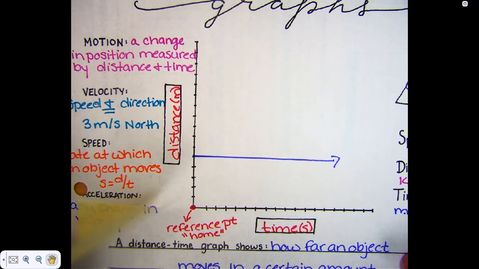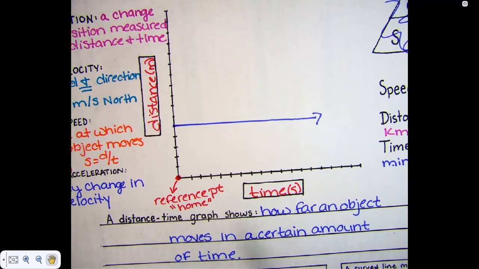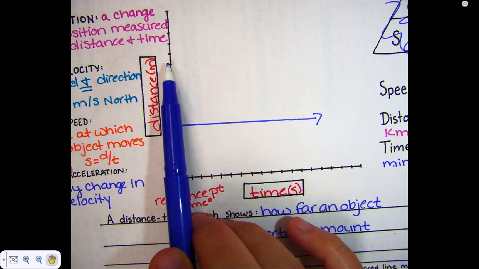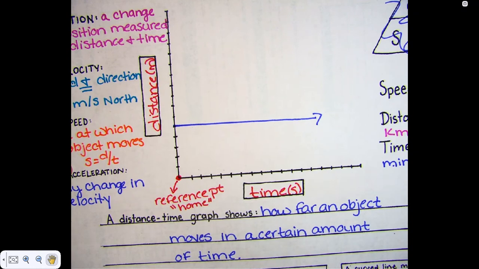The origin for this one is going to be called your reference point. This is what I'm referring to when I'm looking at something. It's also called home, like back to the start. Sometimes something will start up here, and so we would say it's starting away from home. Like if I start recording from my GPS when I'm at the grocery store, that's an example of that.